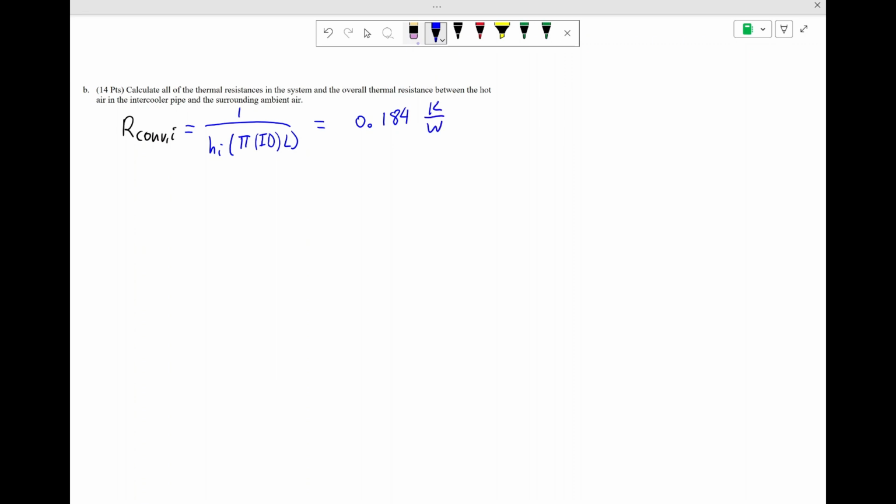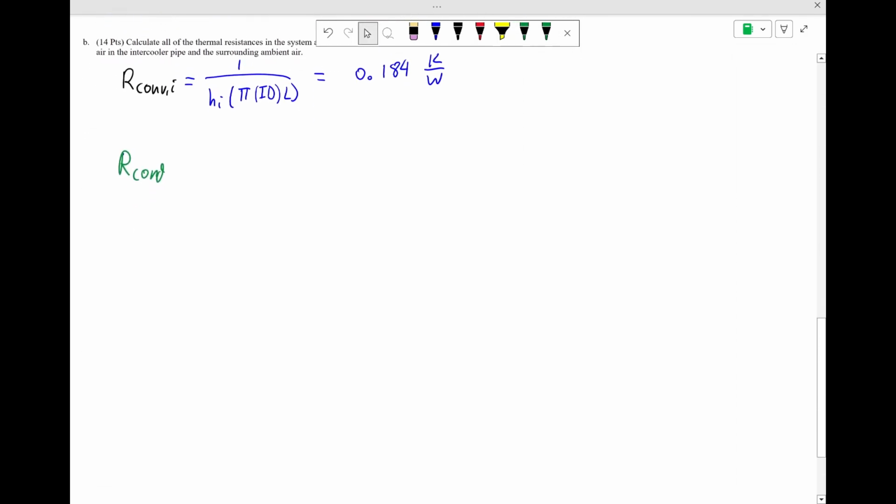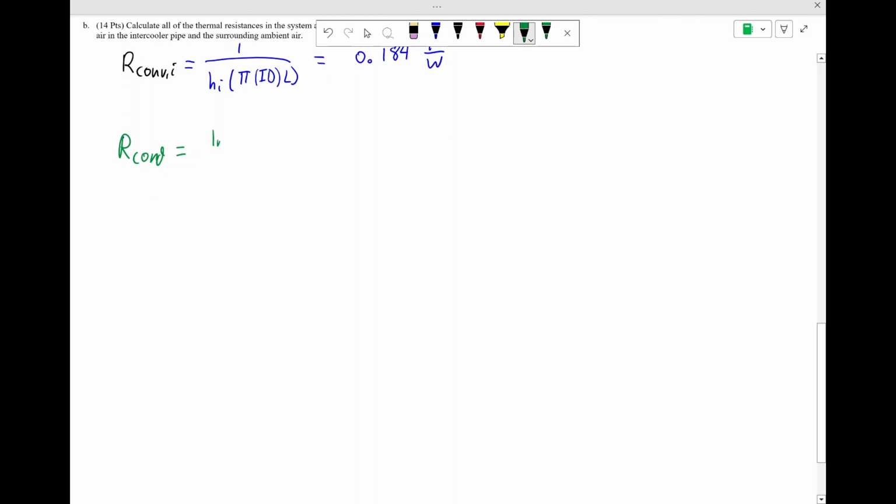Next, we have the conduction through the annulus, basically from the inside wall to the outside wall of this pre-intercooler pipe. So that one is just, again, a formula that we've used a few times already. So we'll do this as Rcond. That's equal to natural log of the OD divided by the ID of that pipe over 2 pi KL, where for K we'll look up a value.